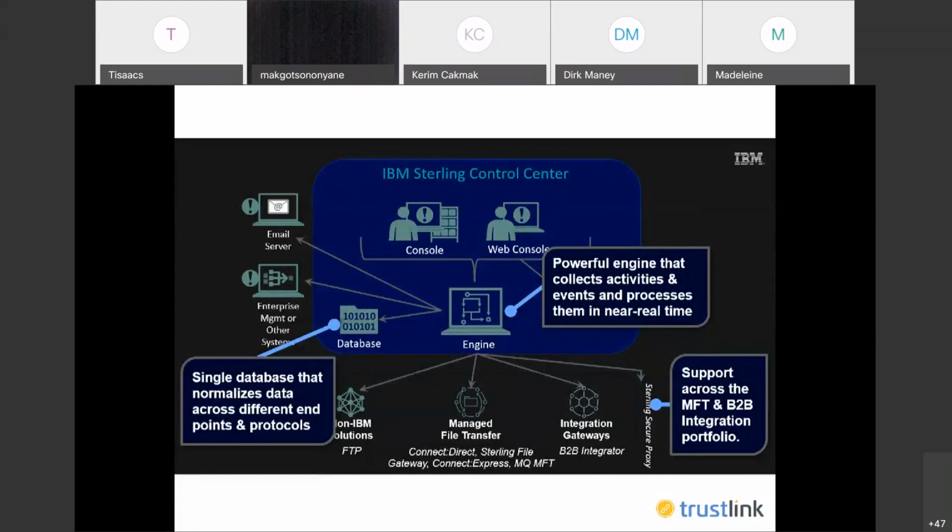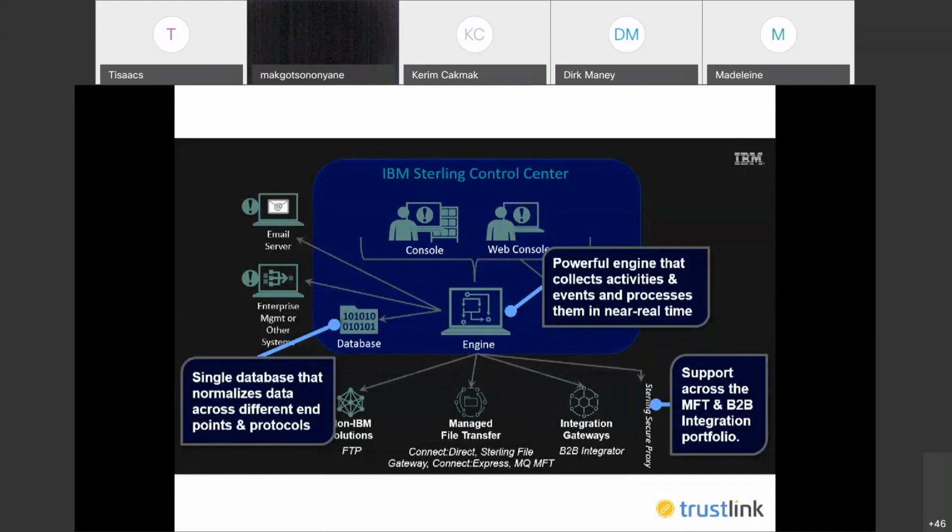At the same time, that engine that we talked about previously, the brains behind Control Center, is watching for things to happen because you, the IT team or the business side, set up these different things that you want Control Center to be looking for. Maybe it's a critical file transfer from a certain partner that needs to happen at a certain time.